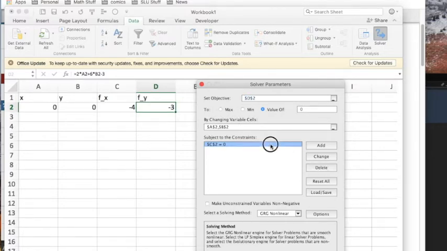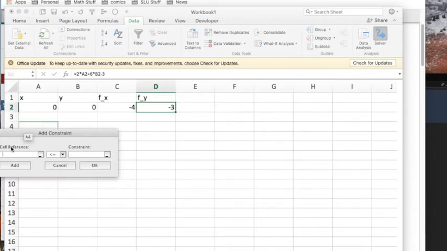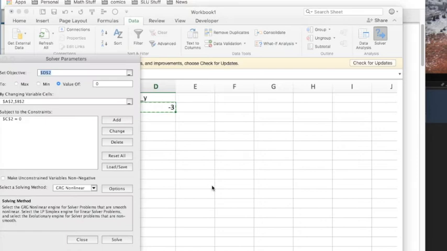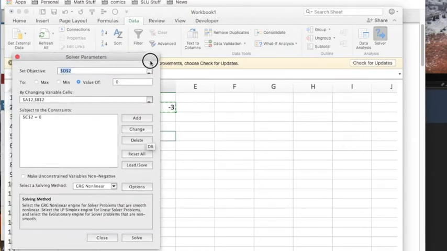Let me delete this constraint and add it back in. So I add that constraint by saying I want to add a constraint. My cell reference for my constraint is C2. I want that to be equal to 0. I'm going to say that's okay, that's the constraint I want.